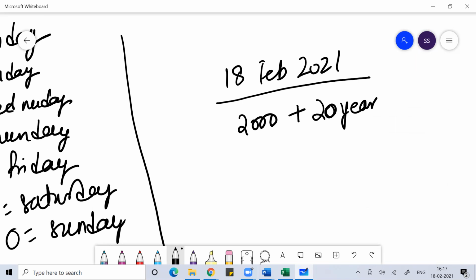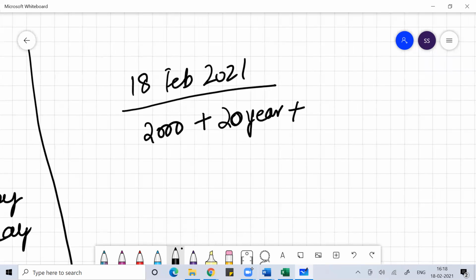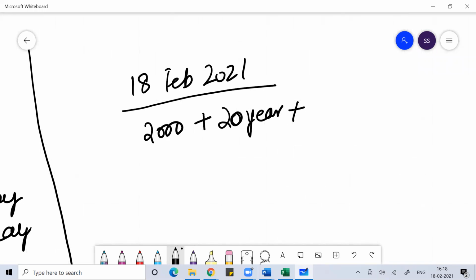That's why I took the year before this date which is a multiple of 400. After that, 20 years went away, and now I'm in the 21st year, on a date called 18 Feb. So 2000 years means zero odd days.